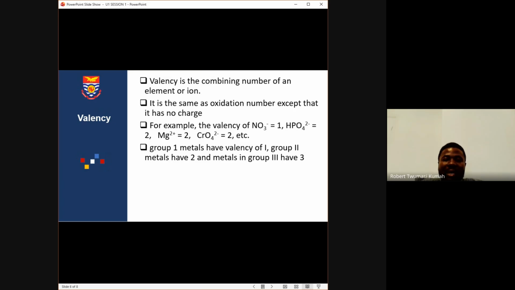So that implies that group 1 elements will have a valency of 1, group 2 will have 2, group 3 will have 3, group 7 they are going to have 1. That's if they form the ions. So we are not interested in the sign attached to it. We are only interested in the number.